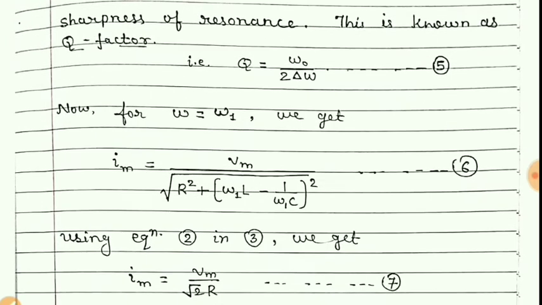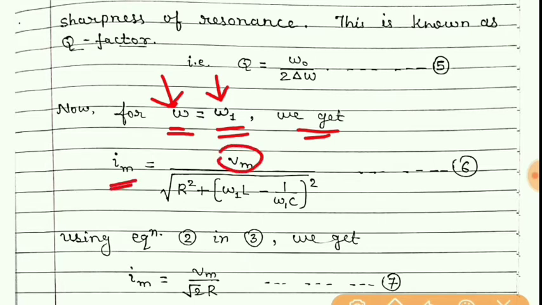Now for omega equal to omega 1, that is when the frequency becomes omega 1, we get Im equal to Vm upon root of R square plus (omega 1 L minus 1 upon omega 1 C) square.